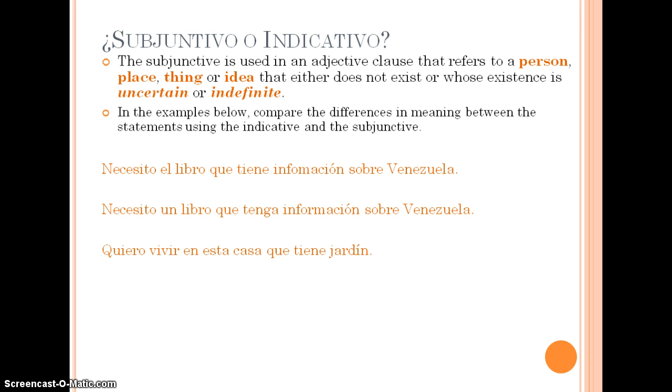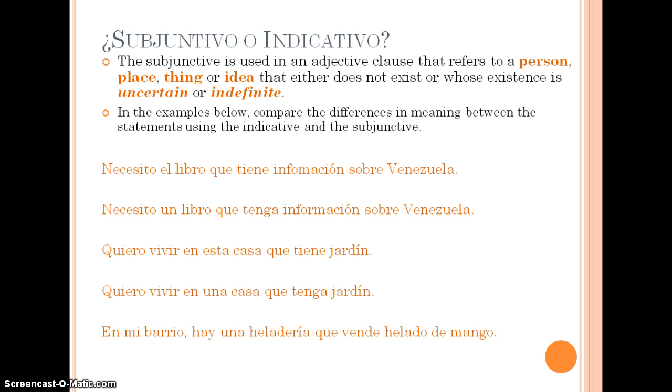A couple more examples. Quiero vivir en esta casa que tiene jardín. I want to live in this house that has a garden. Versus, quiero vivir en una casa que tenga jardín. I want to live in a house that has a garden. Finally, en mi barrio hay una heladería que vende helado de mango.